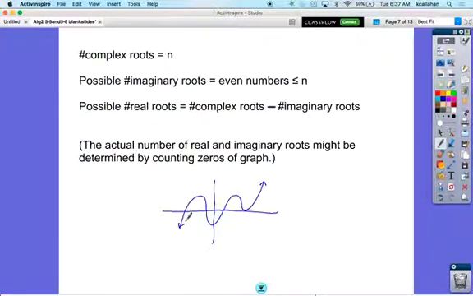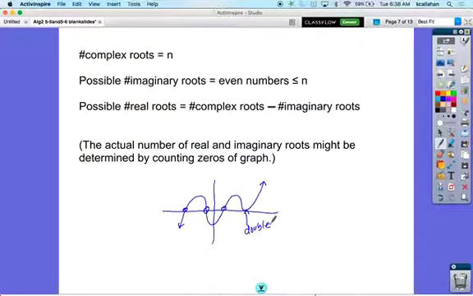For example, let's see, this one has how many turning points? 1, 2, 3, 4. So it's 4 turning points. So it's probably a quintic, 5th degree polynomial. It has x-intercepts, which we know are zeros. 1, 2, 3, and then this one is a double 0, so I have to count that as a double.